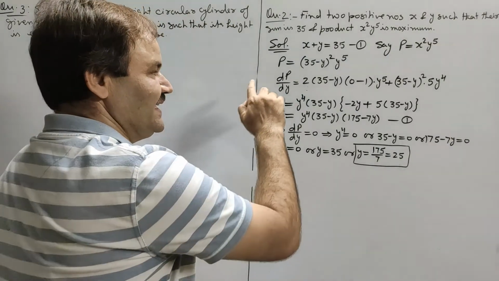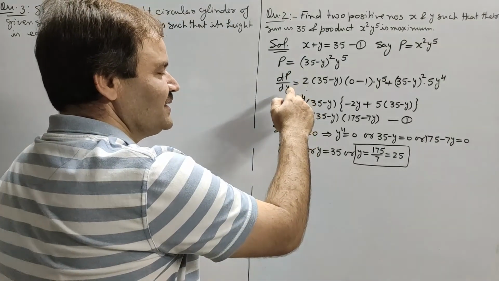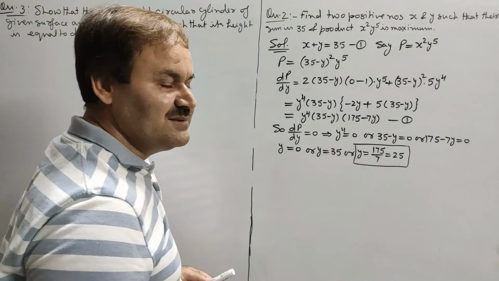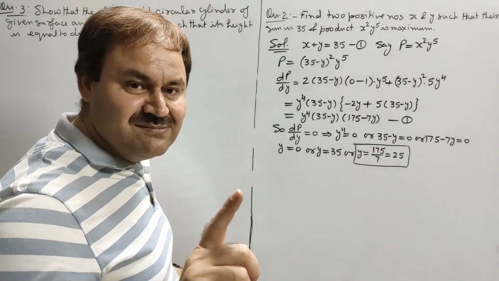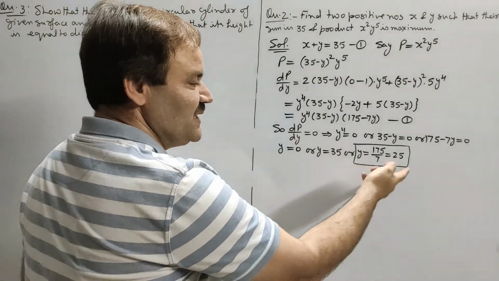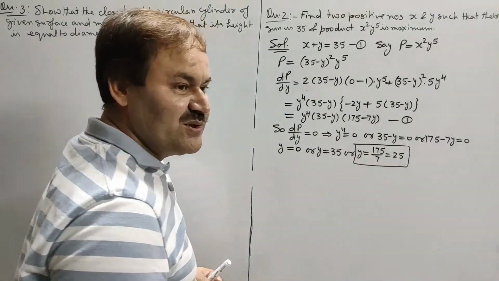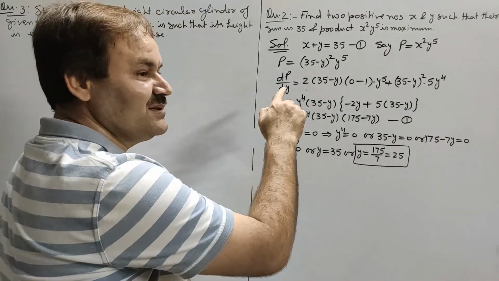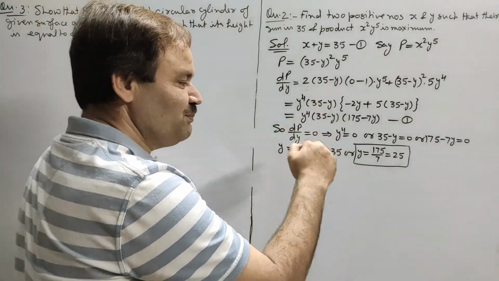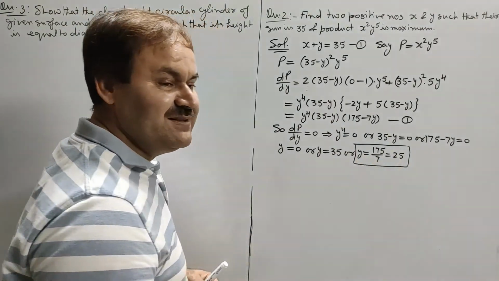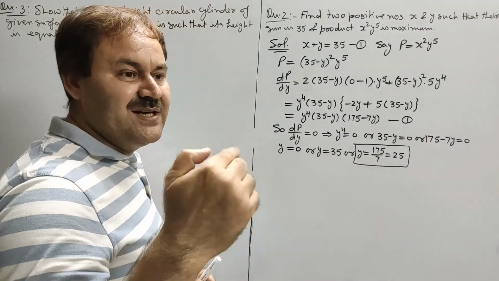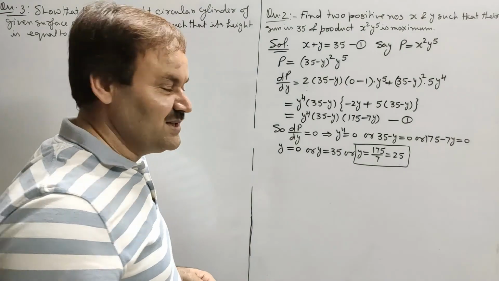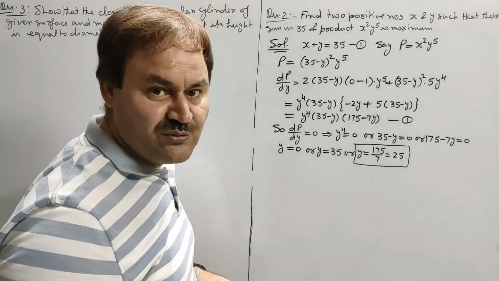If the second derivative of P at y is equal to 25 is positive, then P will be minimum at y is equal to 25, and if the second derivative of P at y is equal to 25 is negative, then P will be maximum at y is equal to 25.